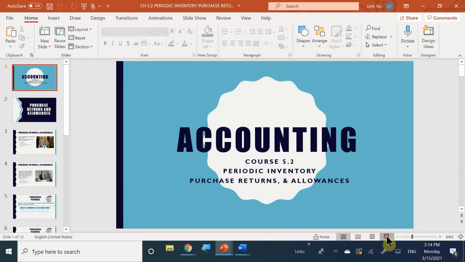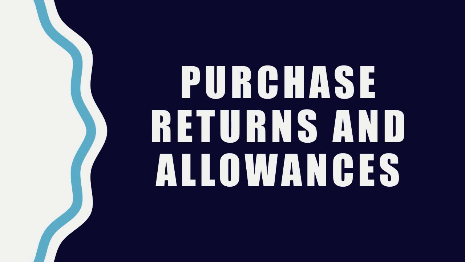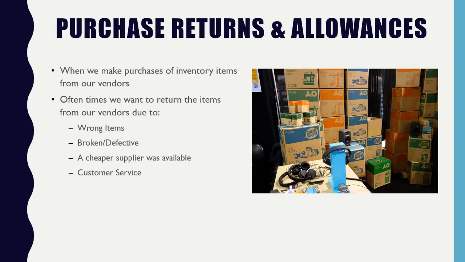All right, so in chapter 5.1, we understood, or kind of understood, how to recognize periodic inventory and just to be able to journalize it. Now, of course, with every purchase of inventory, we also have to understand that there are going to be purchase returns and allowances, and there are many, many reasons why we would return things.